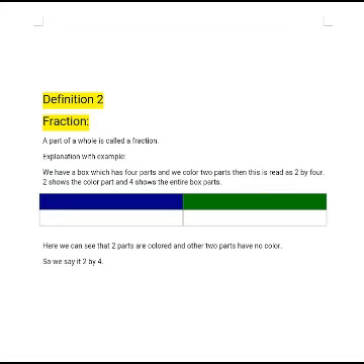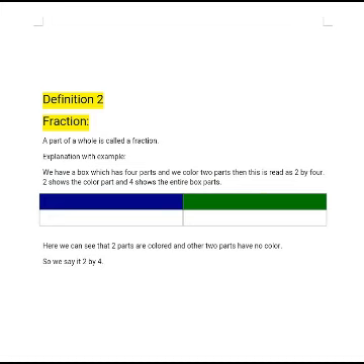Okay, a part of a whole is called a fraction. Explanation with example. We have a box which has 4 parts and we color 2 parts. Then this is read as 2 by 4. 2 shows the colored parts and 4 shows the entire parts of the box. Understood?